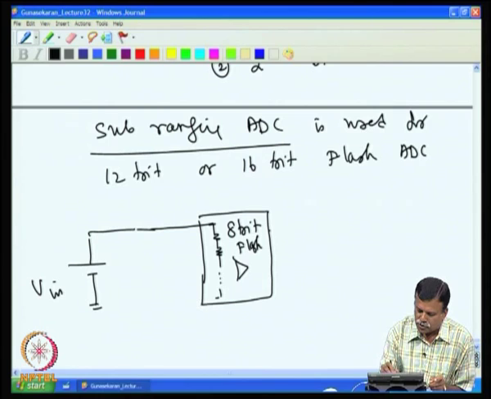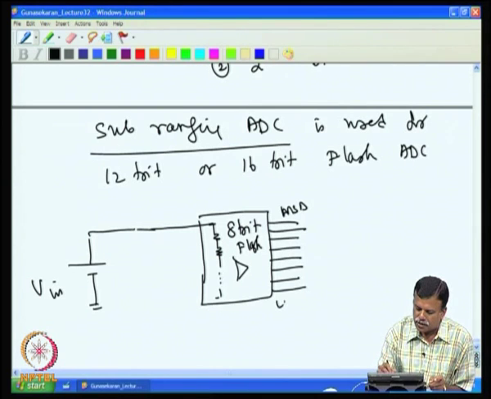This gives you an output which is 8 bits. So, you have an 8 bit output here, with an MSB and then an LSB.